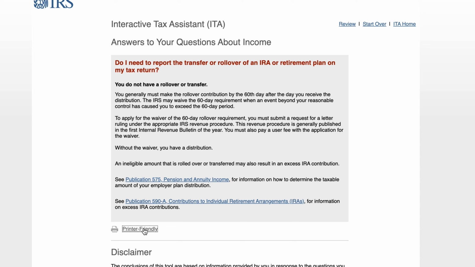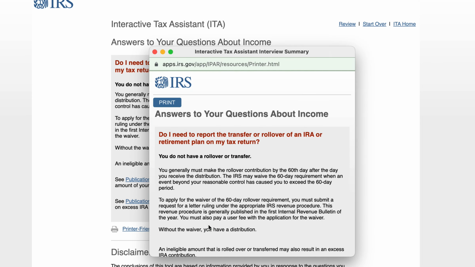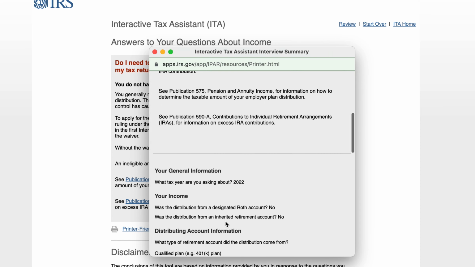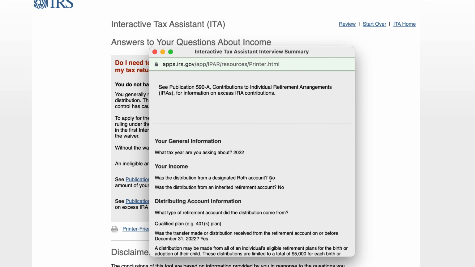So I'm not going to go through all the different scenarios, but it does give you some reference to the resources where you can really drill down into the specifics of your particular situation. What I would recommend, if you do use this to capture your event, is you should first check to make sure that you answer the questions exactly.